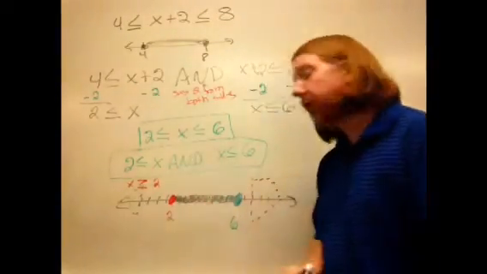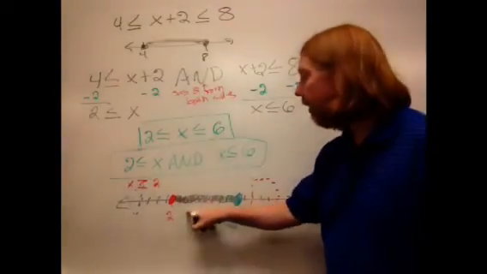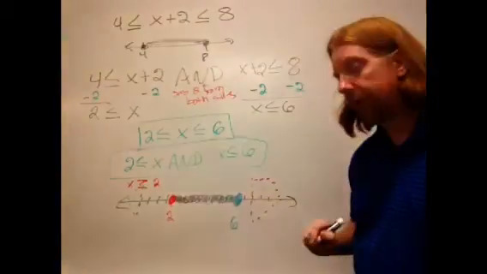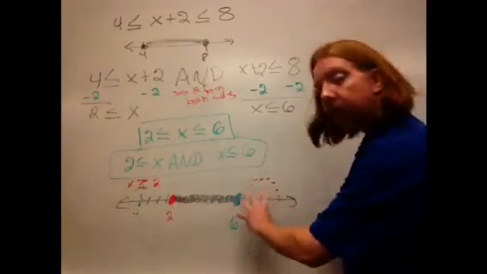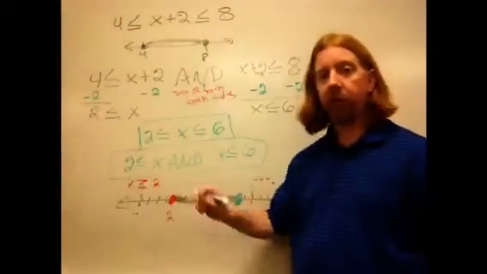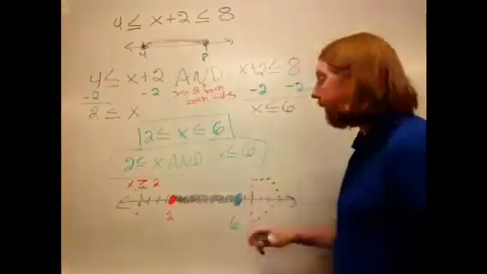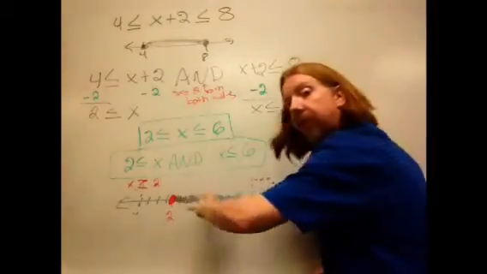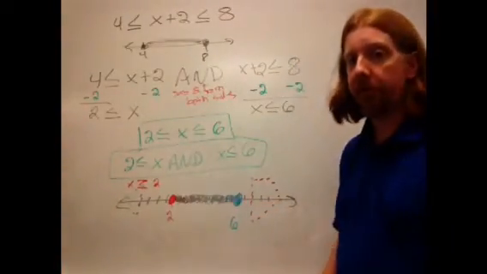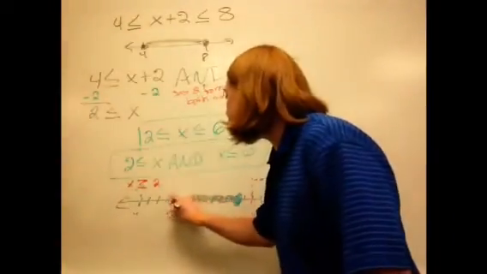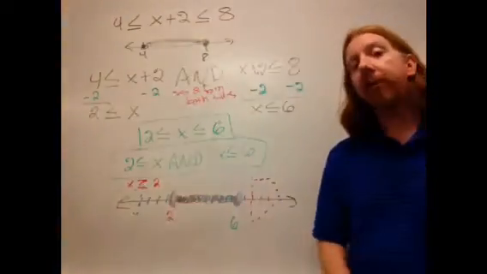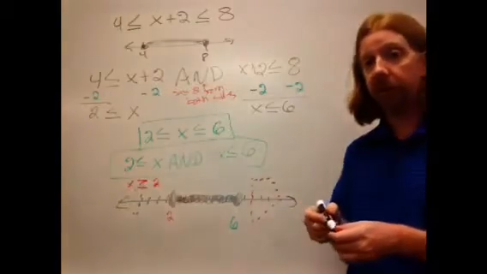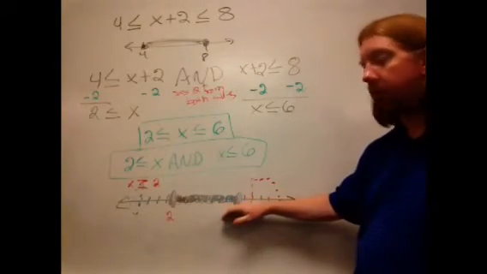This number right here, number 3, makes this true, it's greater than 2. It makes this true, it's less than 6. Numbers over here make the first one true. Numbers over here make the second one true, numbers in here make both of them true. So my final answer as far as my compound inequality is concerned is this region in the middle.